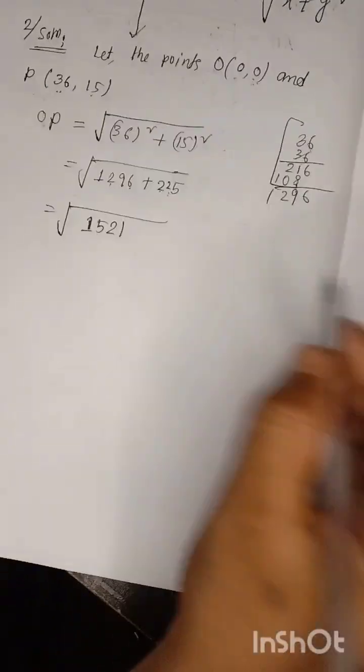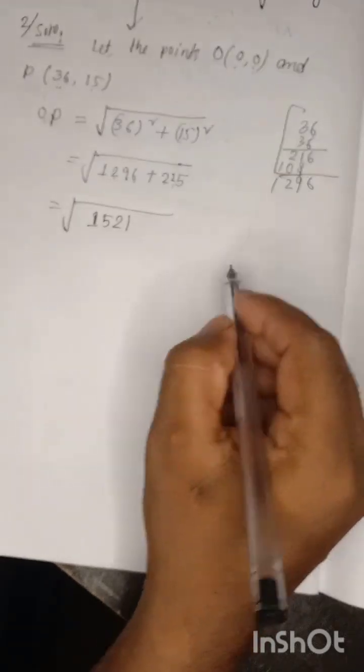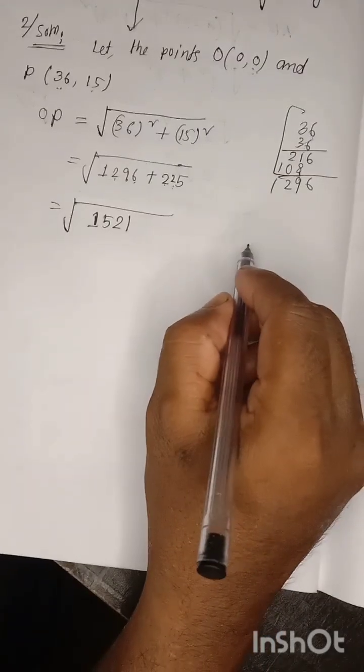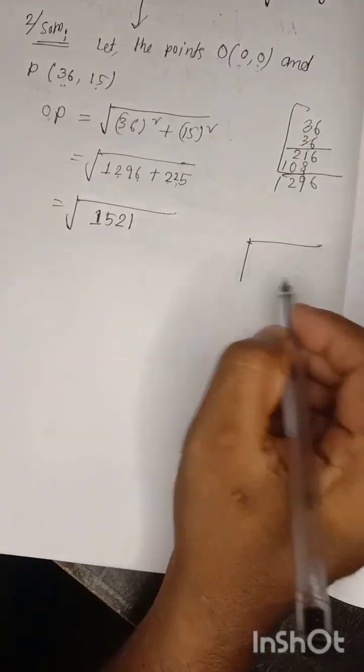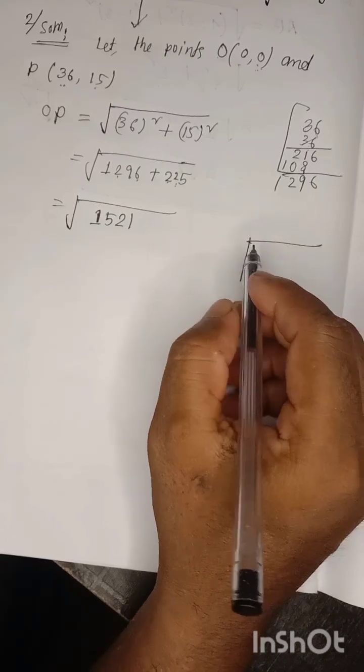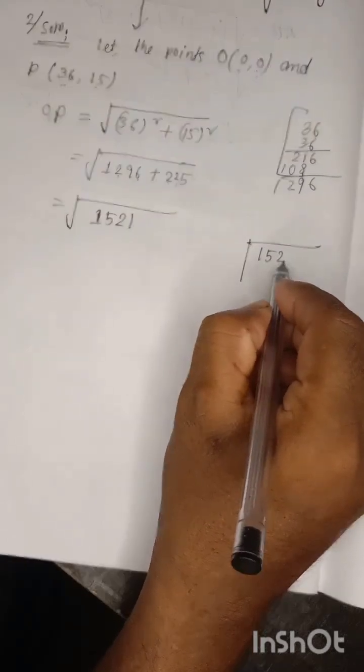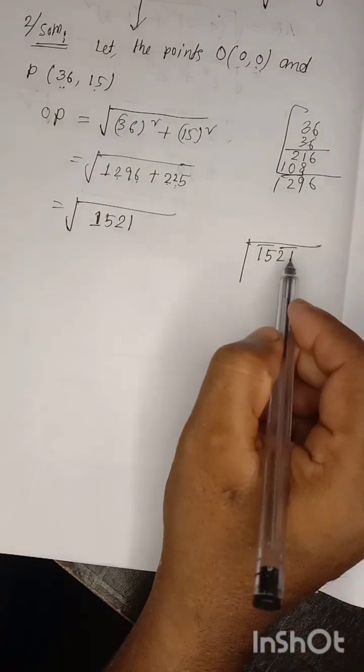I think most of you know this, but if someone has forgotten, what is the procedure of finding the square root of 1521? We mark the number in pairs: 15 and 21.